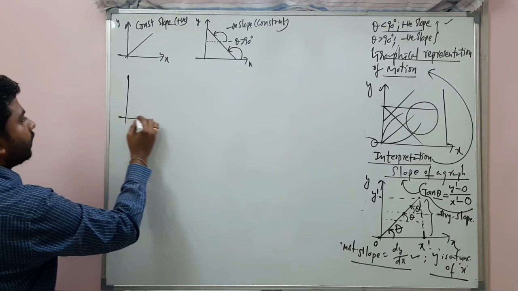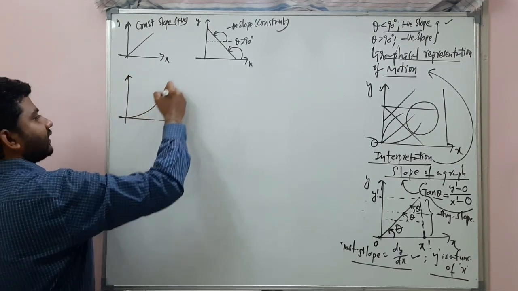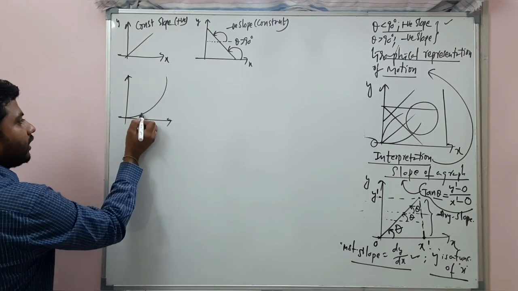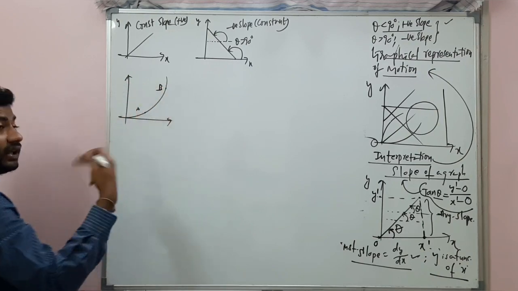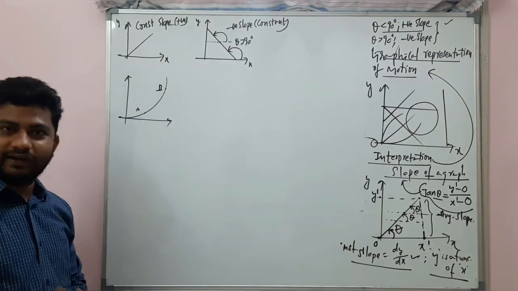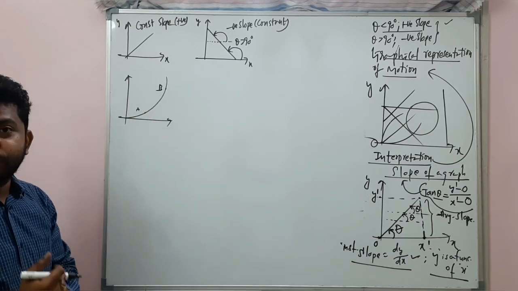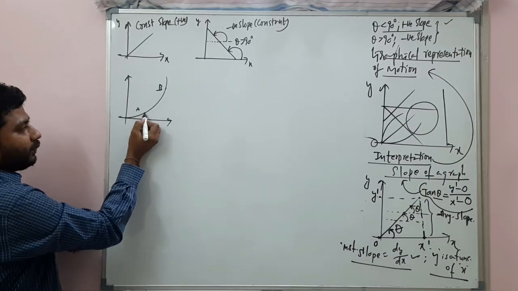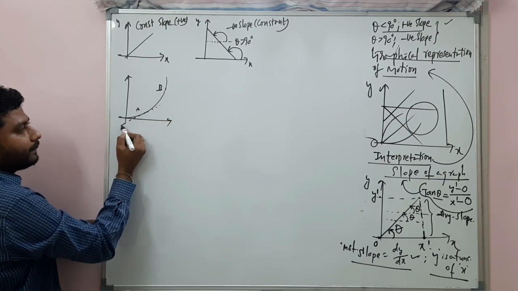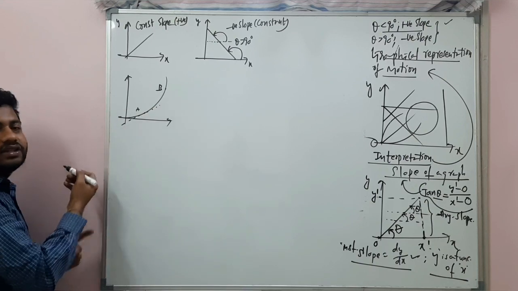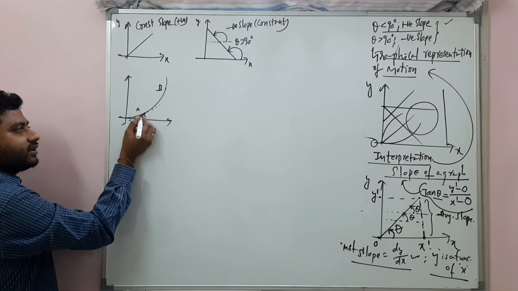One more, and this is the graph. Carefully see, this is the graph I have. So let me take 2 points here. This is point A and this is point B. In the curved line, this is a straight line, right? In the curved line, if you want to find the slope at point A and point B, carefully see. At point A, you need to draw a tangent, and for this tangent you can find the slope from the x-axis in anti-clockwise direction, right?